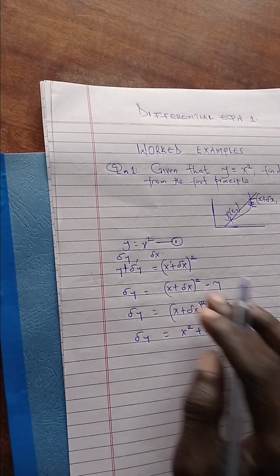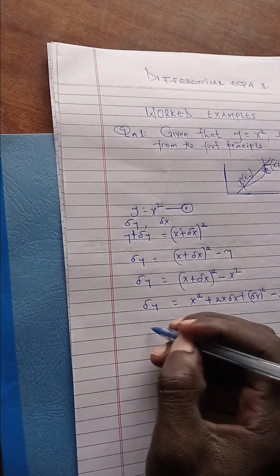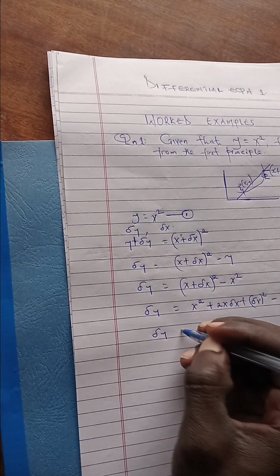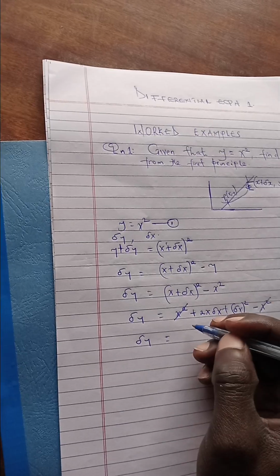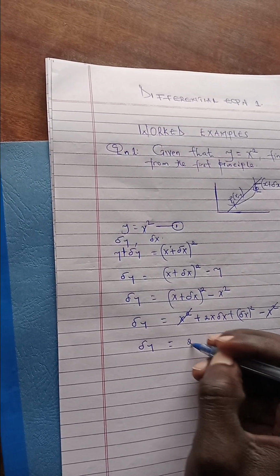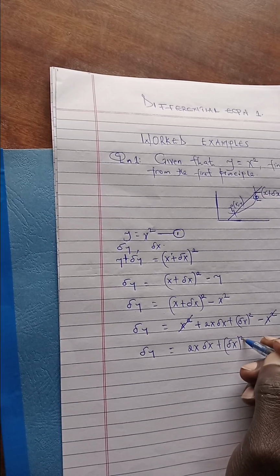That will give you what we have in the bracket. And so we still maintain our delta y on the left hand side, giving us x squared, and x squared will have to cancel out, and here we shall remain with 2x delta x plus delta x squared.